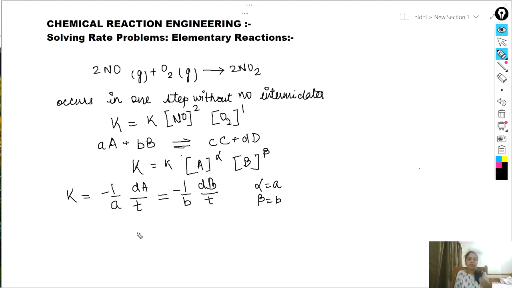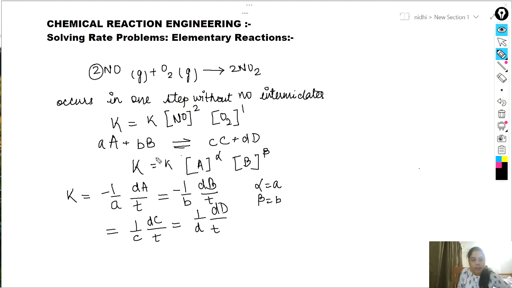You can also express the rate in terms of C and D. In terms of C, that is equal to positive 1 over c times the change in concentration of C over time, and this is also equal to 1 over small d times the change in D over time. Notice that we use a negative sign for A and B. Why?